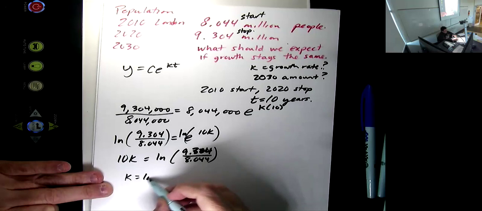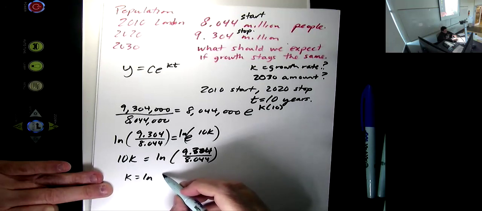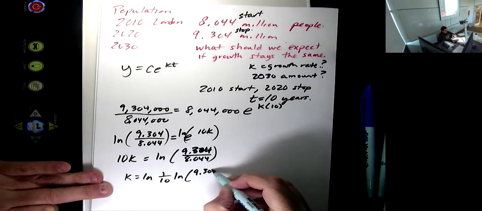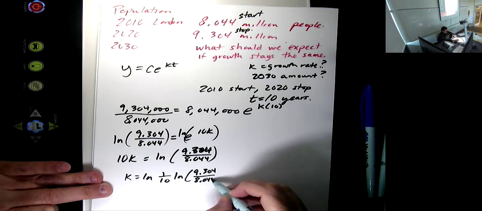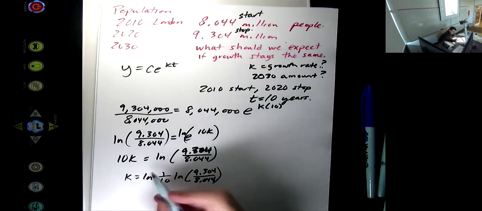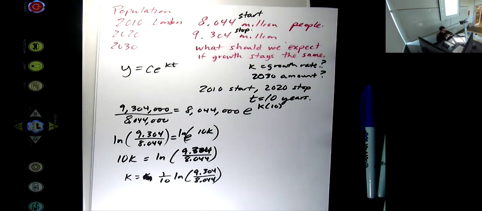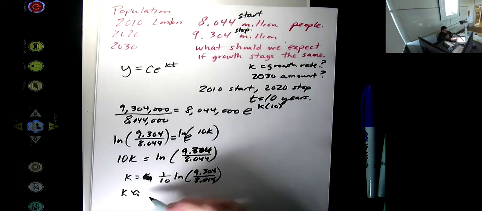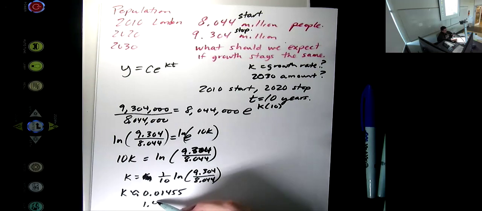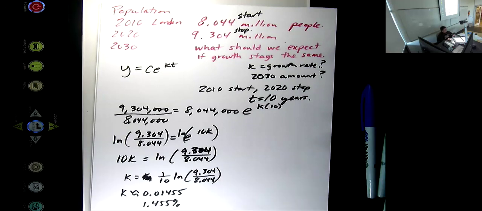So K equals 1/10 of that, if we divide by 10 or multiply by 1/10. K is approximately 0.01455, or you could say about 1.455% growth.